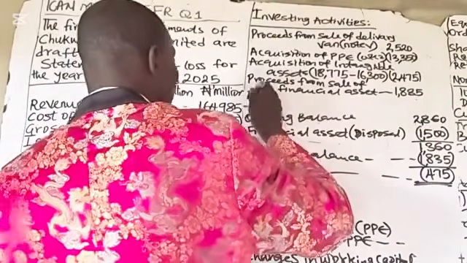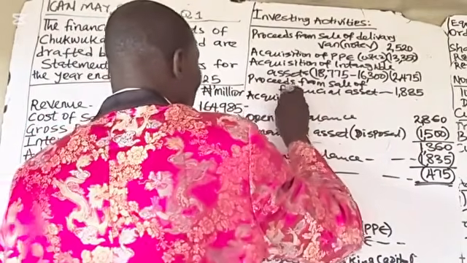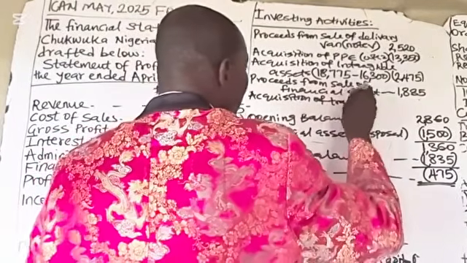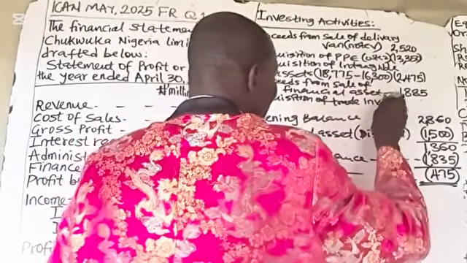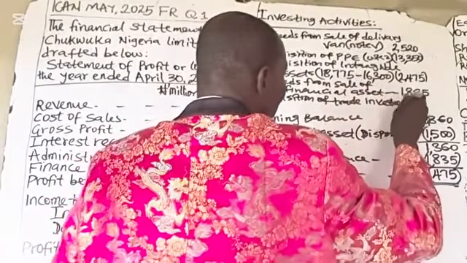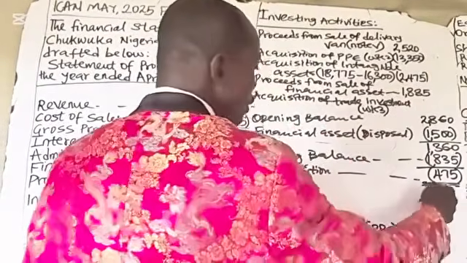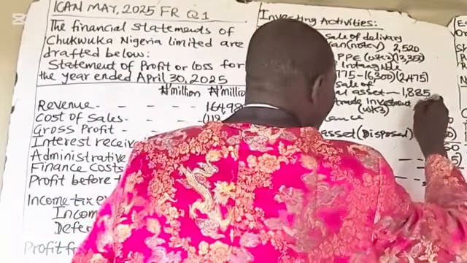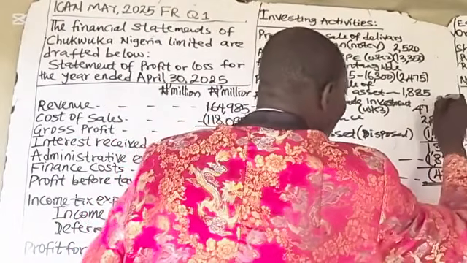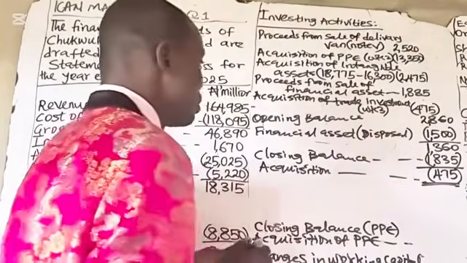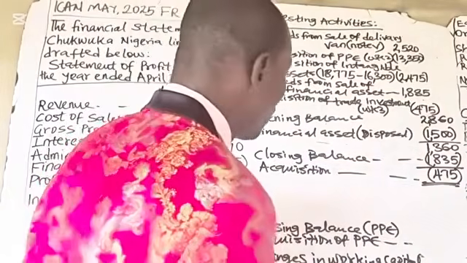So acquisition of trade investment, that is working number 3, and we got 475. Acquisition will result in an outflow of cash. So you subtract that.